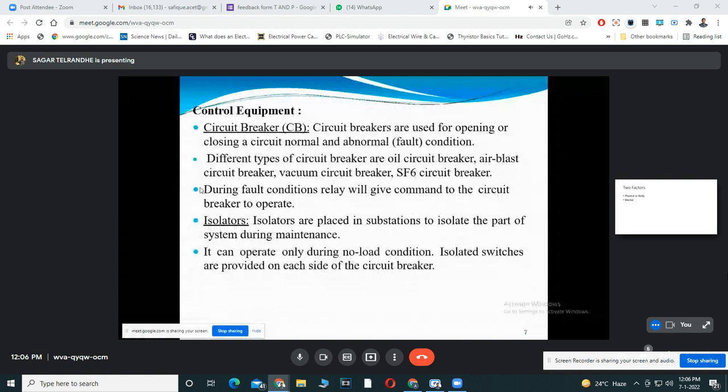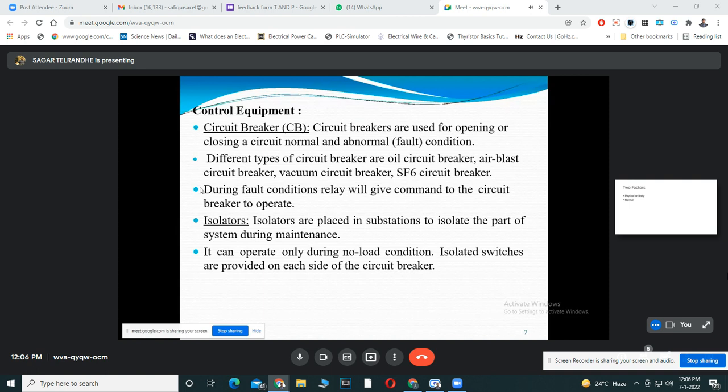Control equipment is a very important part of the power system, and the control equipment are circuit breakers and isolators. Circuit breakers are used for opening or closing a circuit under normal and abnormal conditions. The different types of circuit breakers are oil circuit breakers, air blast circuit breakers, vacuum circuit breakers, and SF6 circuit breakers.